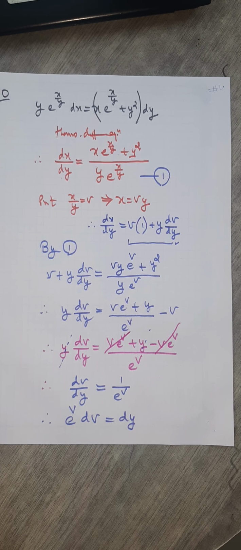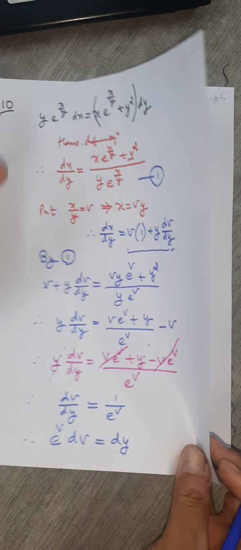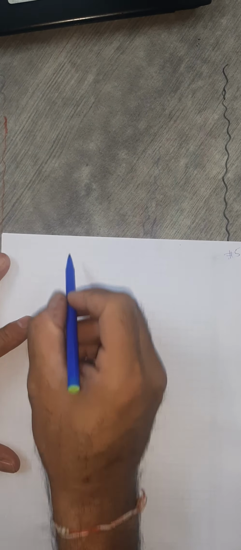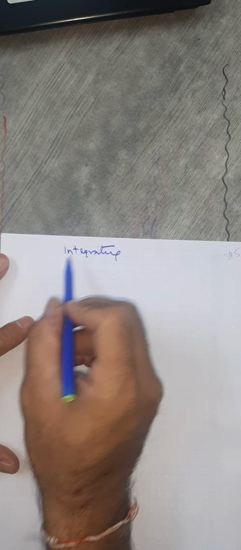You know that this is nothing but which form? It is variable separable form now, remember. So now we integrate it. In a homogeneous equation at the end it has to be variable separable form.